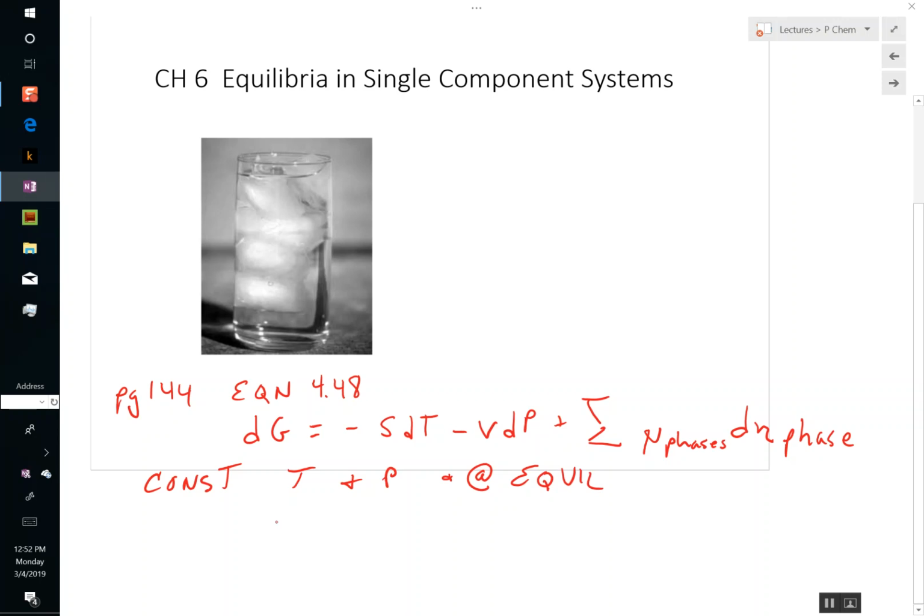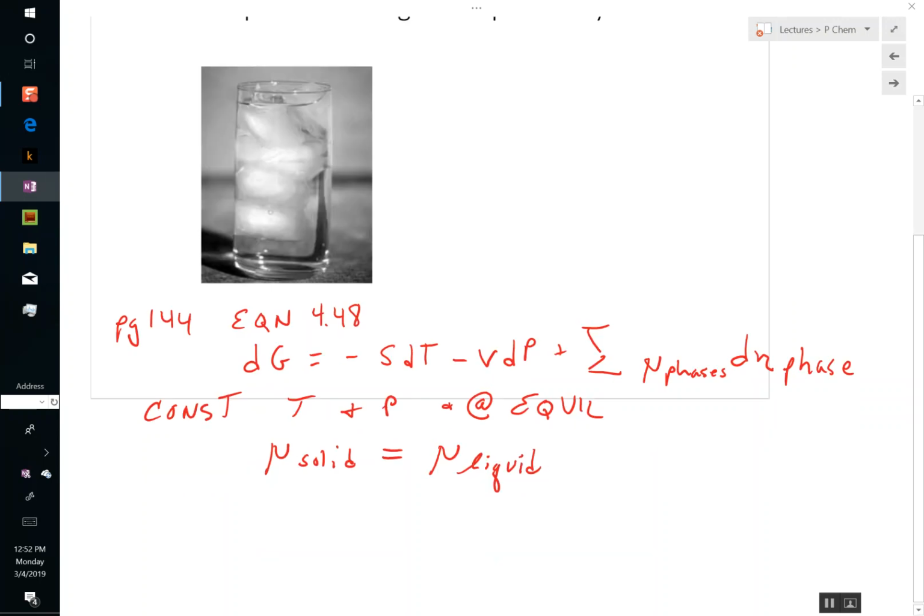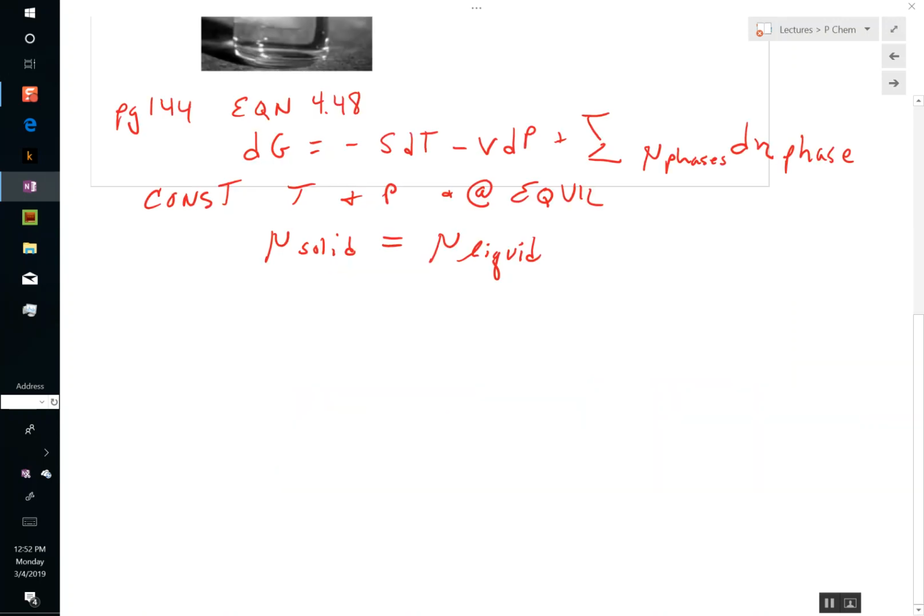And so I'm going to just derive this very quickly. The chemical potential of one phase, let's say the solid phase, is equal to the chemical potential of the other phase at equilibrium. At equilibrium, you have the condition where the chemical potentials of the two phases are equal.